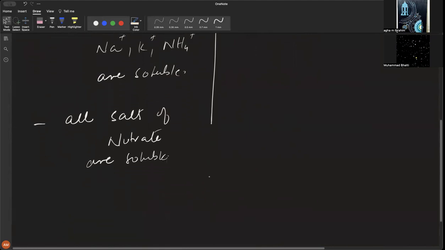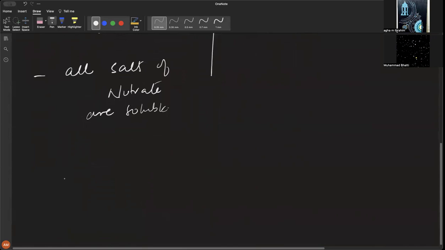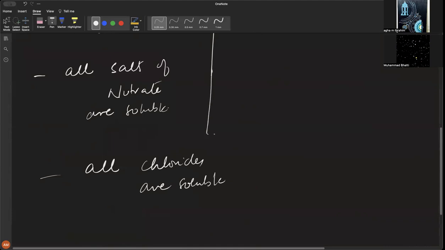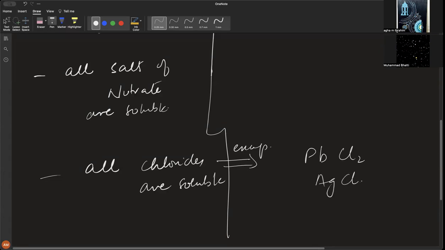All right. Then we say all chlorides are soluble, right? Except lead chloride and silver chloride, PbCl, AgCl.